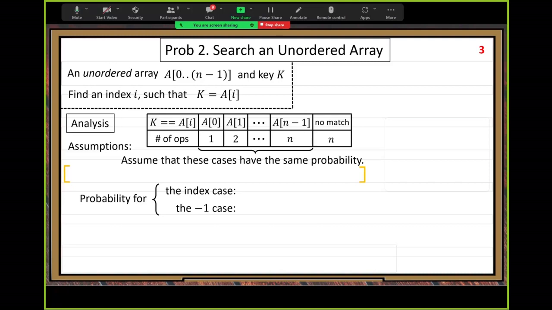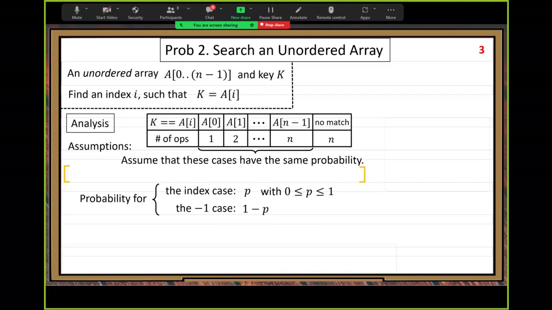So we consider these two cases. Our assumption here is the index case has probability p. Little p is a given number, with p between 0 and 1 inclusive. Then the negative 1 case is the complementary part, 1 minus p, since the total probability is 1.